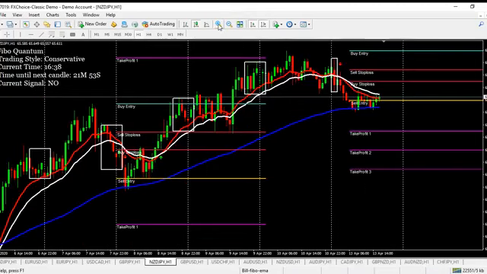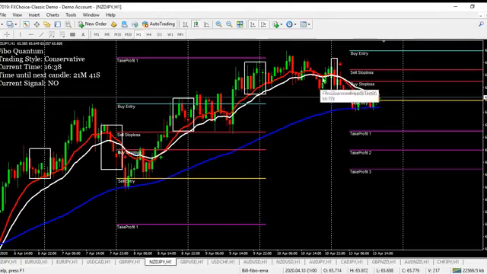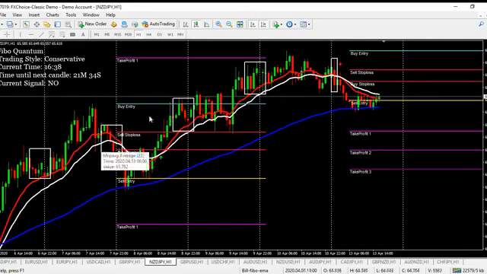Now, when we look at this particular one, the sell signal here set up above the 89-day moving average. So although we do get a cross here, the 13 crosses the 21 on the way down, and this particular currency looks like it's due to reverse, right?